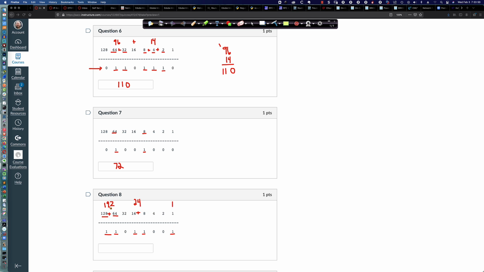So 192 plus 24 plus 1 is going to be the answer that we're looking for. And so we could, again, take this down to 192 and then do the 24 plus 1 and get 25, and then add this together to end up with our result, which is 7, 11, carry our 1, 217. So we end up with 217 for the value of this octet.